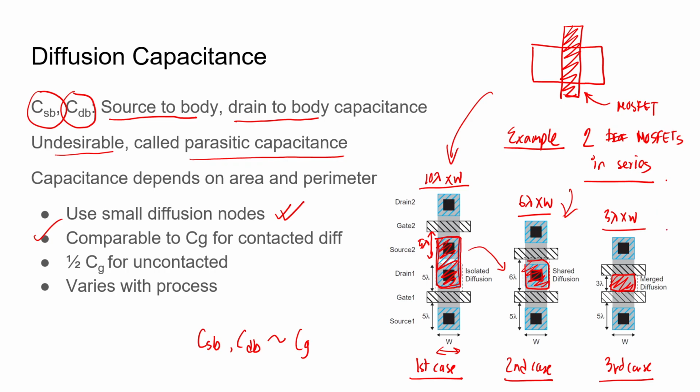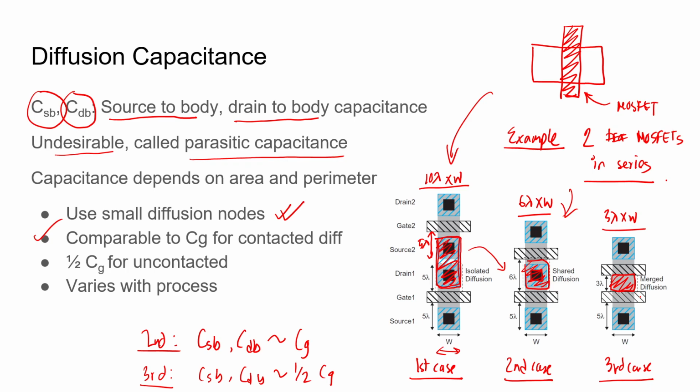And this is for the second case, and for the third case, the CSB and CDB value is comparable to half of the value of the CG that we calculated earlier, because it has much lower area than the previous two cases.